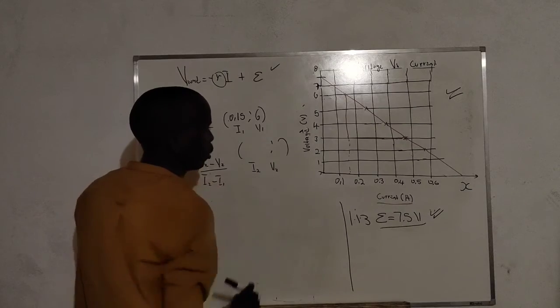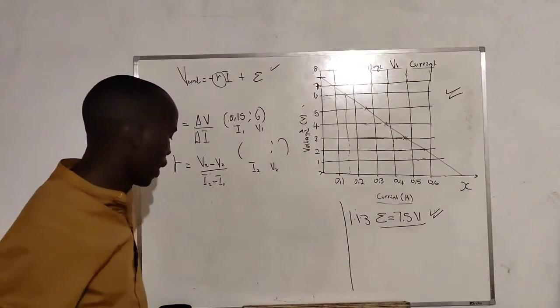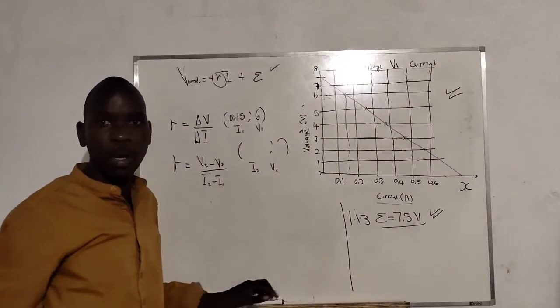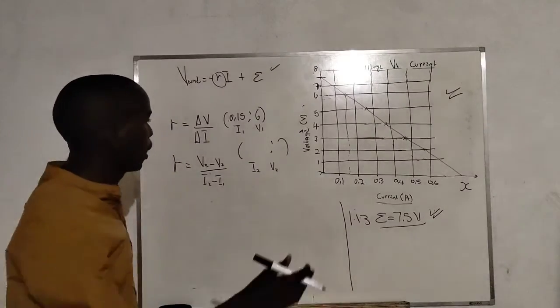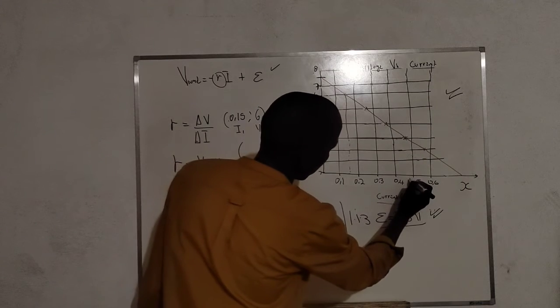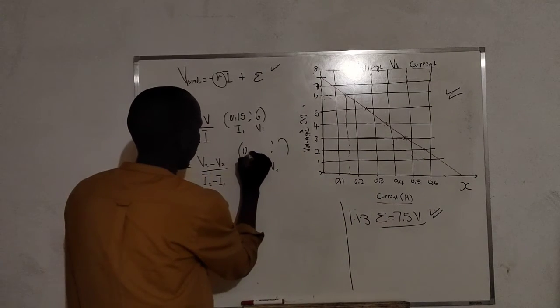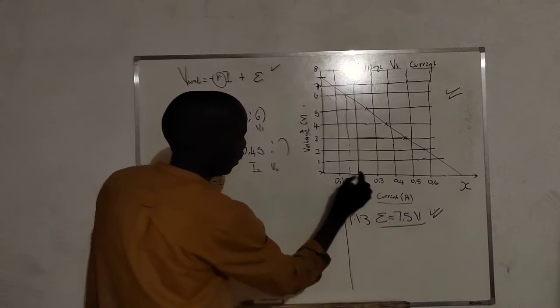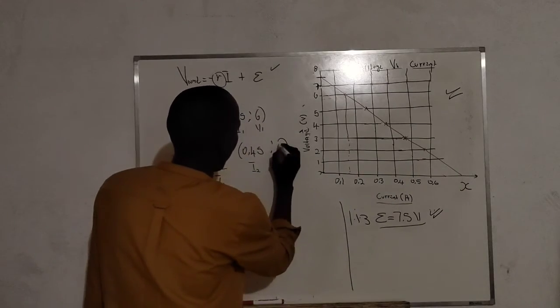So let me proceed with my calculation. Then I2, the second current, is 0.45, and the corresponding V2 is 3.